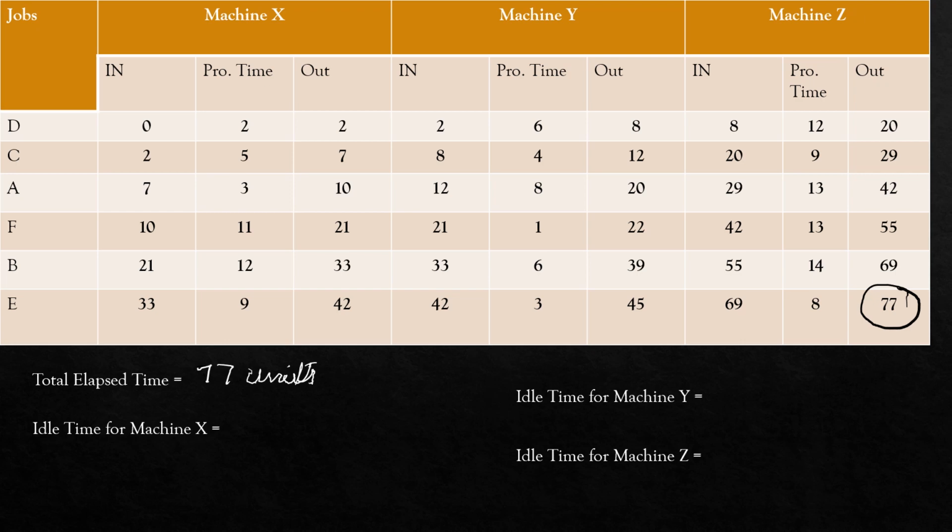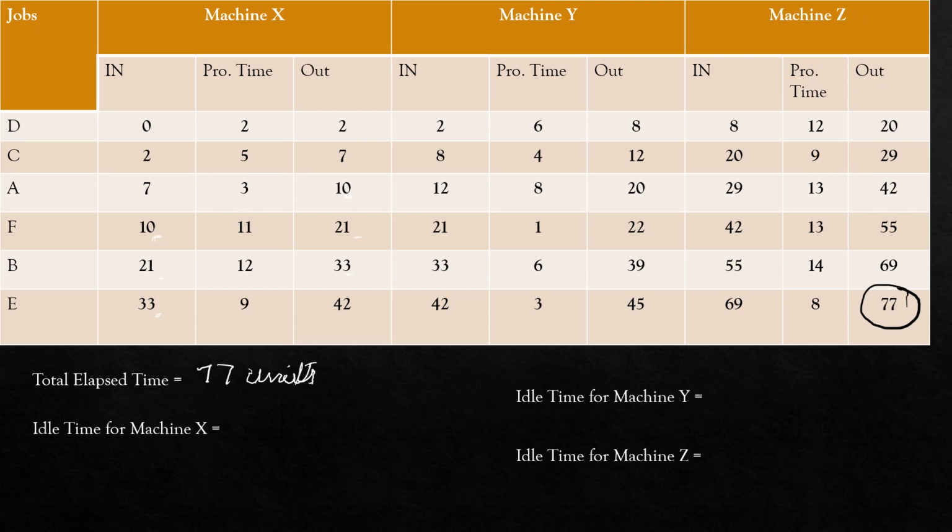Now let us calculate idle time for machine X. Machine X starts its process at 2. At 2, the second process starts. Then at 7, the second process starts. It is free by 10. So at 10, immediately F starts the processing. It is free at 21, so immediately the B job is taken over. It is free by 33, and at 33 immediately E is taken over, right? And by 42 units of time, it is completing all the jobs. But the entire time period of completing all the jobs is 77 hours.